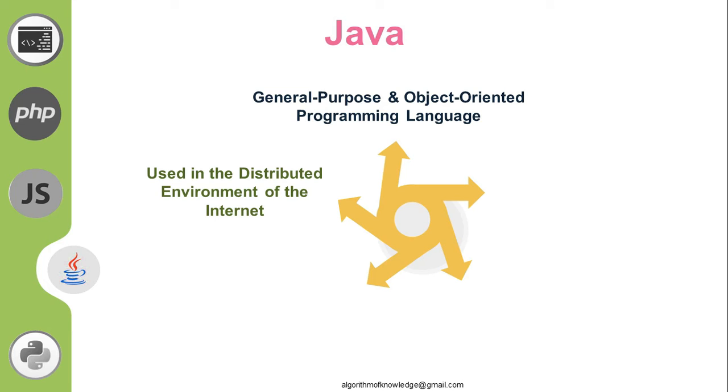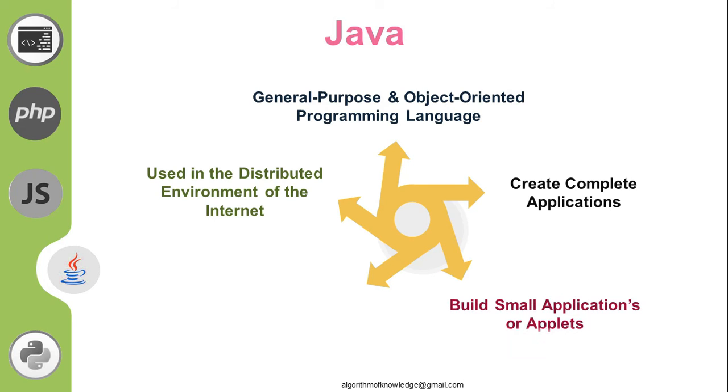So let me tell you, it is used to create complete web applications or Android applications that may run on a single computer or be distributed among servers and clients in the network. It can also be used to build a small application, module or applets.